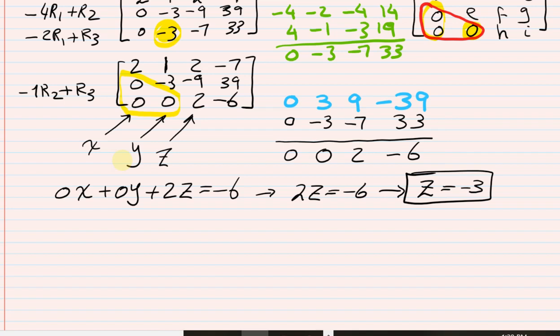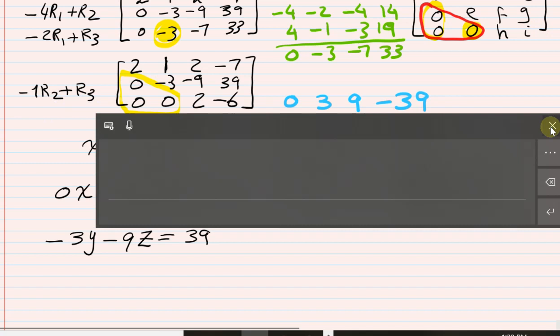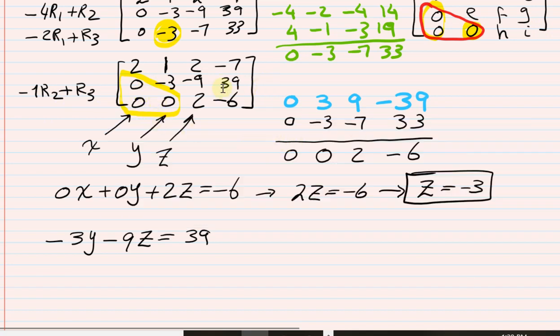So for the second row now, I'm going to leave the 0 out at this time. So it's -3y, -9z equals 39. I just looked at this row. Okay, plug in a -3 for z.